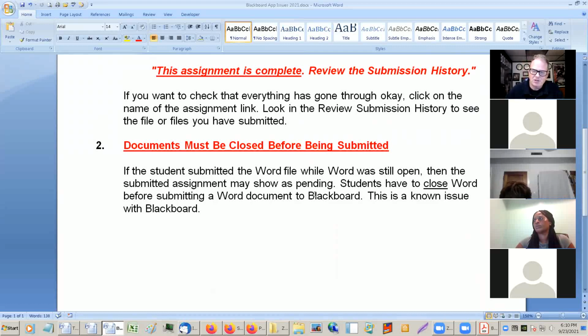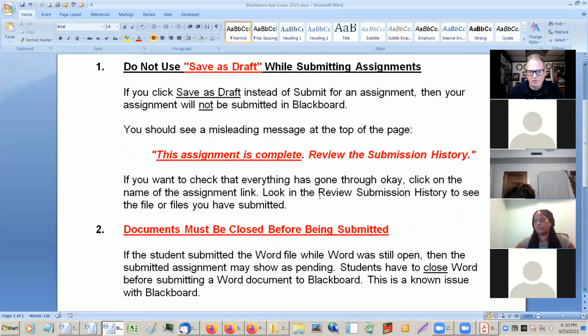It says that someone's still working on it. Any question on that? If you're having trouble submitting stuff in this class or in other classes, make sure you're not hitting save as draft, and make sure that whatever you're trying to submit is actually a closed document, whether it's in Excel or Word or whatever. Close it and then submit it. Okay. Any questions?